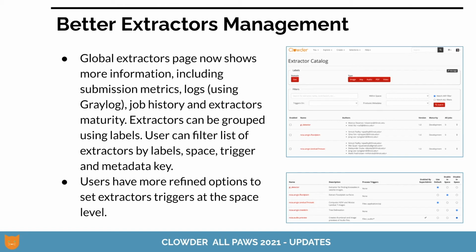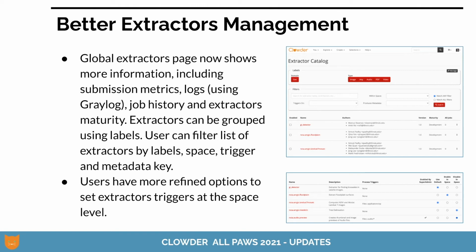Extractors can be grouped using labels that the users of the system can define. Users can filter these extractor lists using label, space, trigger metadata keys. So as this list of extractors becomes very, very large, this helps you filter down and find what you need.